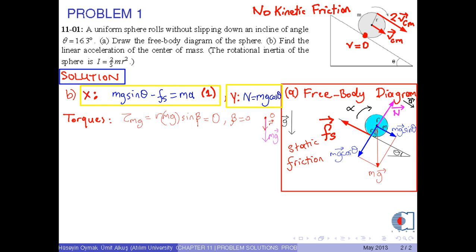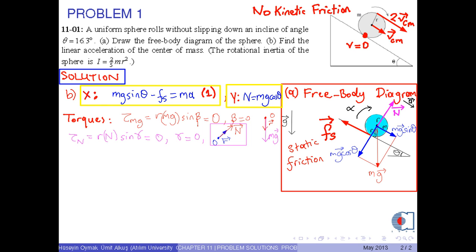That is, the extension of the gravitational force passes through the rotational axis, that is O. The torque on the sphere due to the normal force is tau n equals r times n times sine gamma, which is equal to 0, because gamma is 0. In other words, the extension of the normal force passes through the rotation axis O.